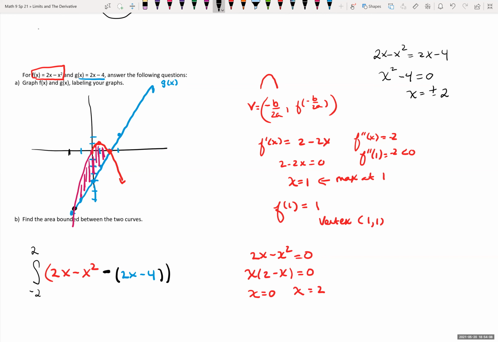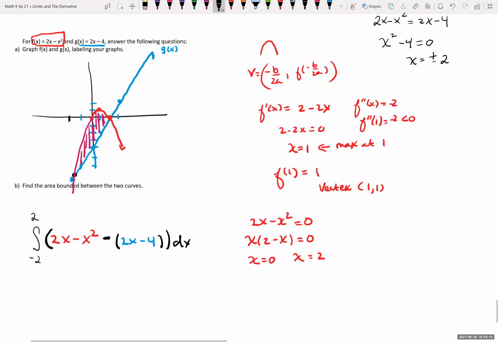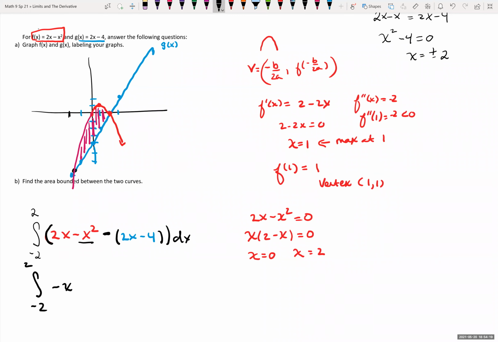And then we have this dx. So we have -2 to 2. This is going to be a negative x squared here. This is a positive 2x minus a 2x cancels. And this negative and negative, so this is plus 4. So negative x squared plus 4 dx.